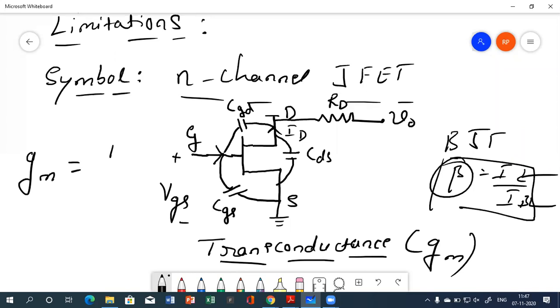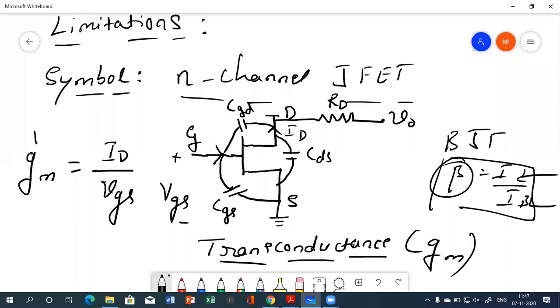Here the output is the current, I call it ID, and the input is VGS. So this is the formula for the transconductance, which is similar to the gain. Using such concepts, we can derive the expression. I hope it is clear for everyone.